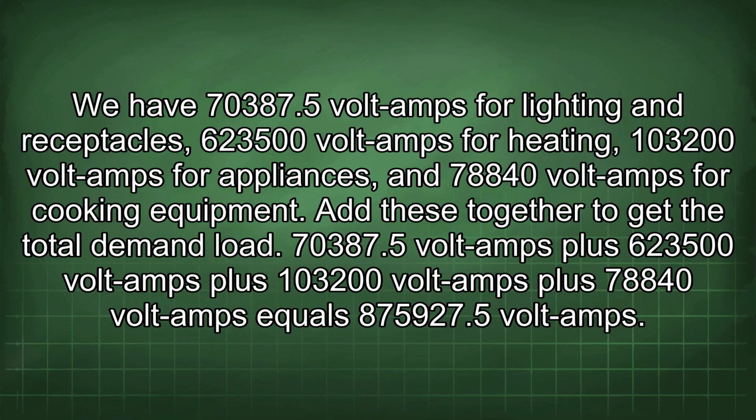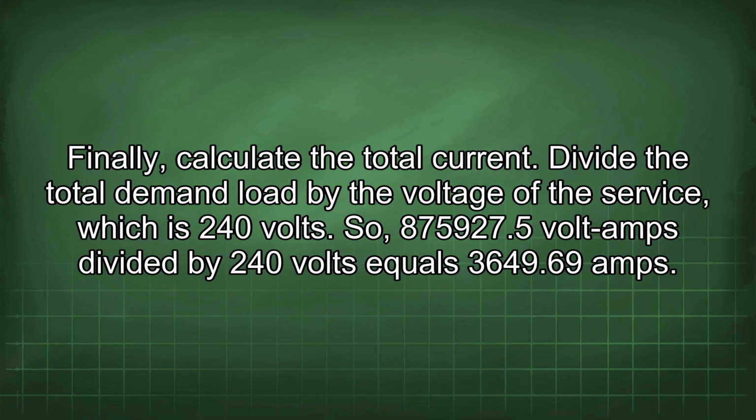70,387.5 volt amps plus 623,500 volt amps plus 103,200 volt amps plus 78,840 volt amps equals 875,927.5 volt amps. Finally, calculate the total current.